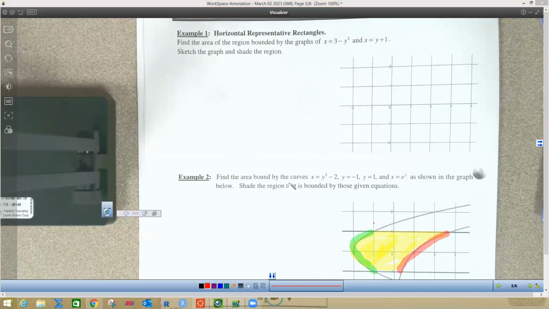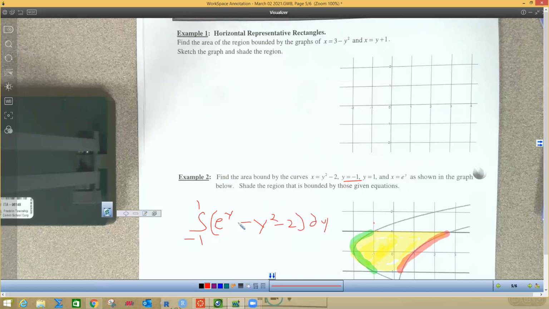And you're going to take the bottom y value, which is this thing right here, this negative 1 for y. So it's negative 1 to the top y, which is 1. And then the red graph was e to the y. That's the right one minus the left one. And it's this y squared minus 2.